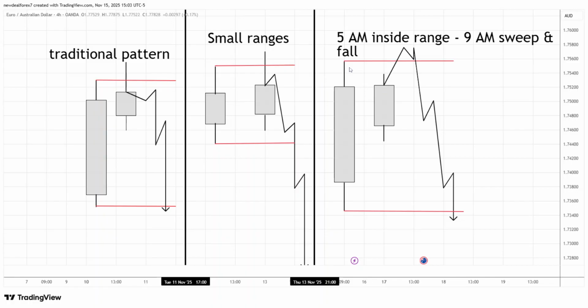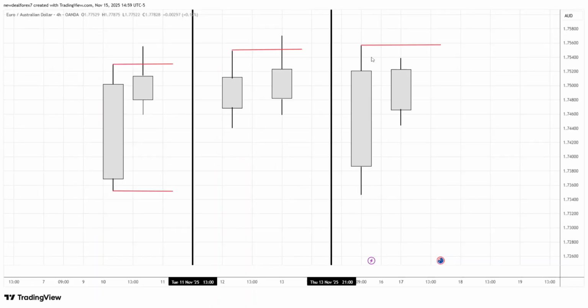Or this example is specific because the 9 a.m. candle could sweep the 1 a.m. candle. What does that mean? Notice right here how this high did not get broken. 5 a.m. stayed inside of it. So obviously, though, we still like to see the high of the 1 a.m. get raided and then close below. I'm not looking for a straight drop if I see this.